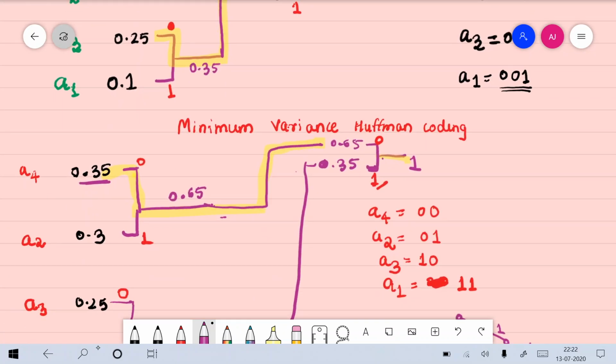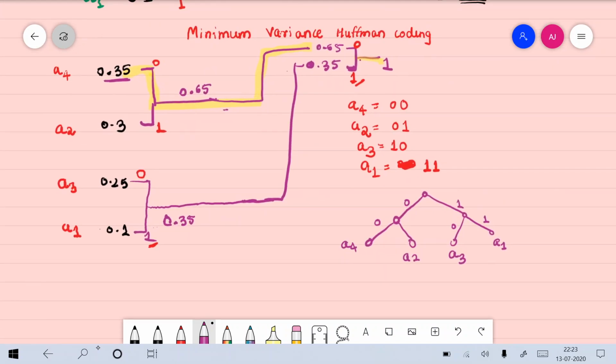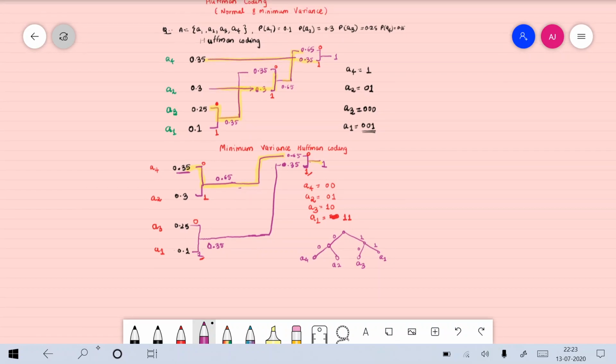So I hope you will calculate the average length here and tell me if there is any difference, because according to me there will not be any difference as such. But you should know these two things, and in the question paper you should look properly at what has been asked, whether it is the normal Huffman coding technique or the minimum variance Huffman coding technique. Sometimes they tell you to solve it in both ways and comment on the difference.